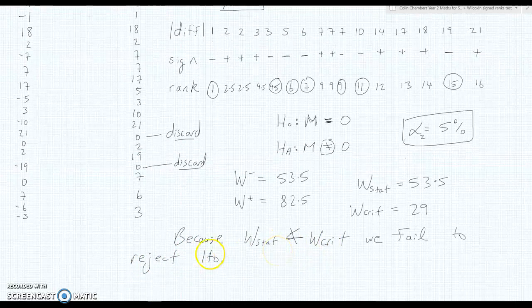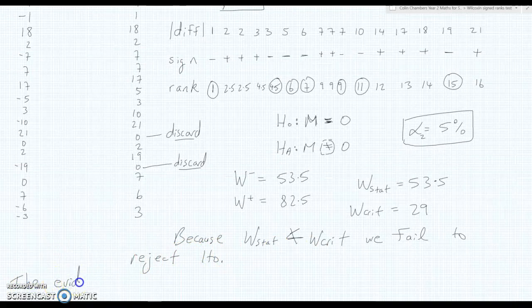So the evidence suggests that there is no difference. The evidence suggests that the average is 160 parts per million.